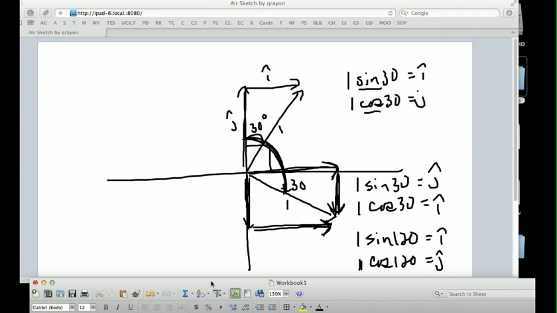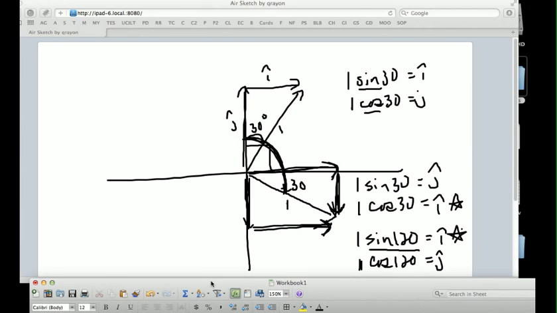Okay? So you don't need to figure out where your angle is, like in what quadrant for this. All you need to do is take the sine of the angle that's given, and that will be your i hat. So the sine of 120 times 1 is actually equal to 1 times the cosine of the other angle at 30.